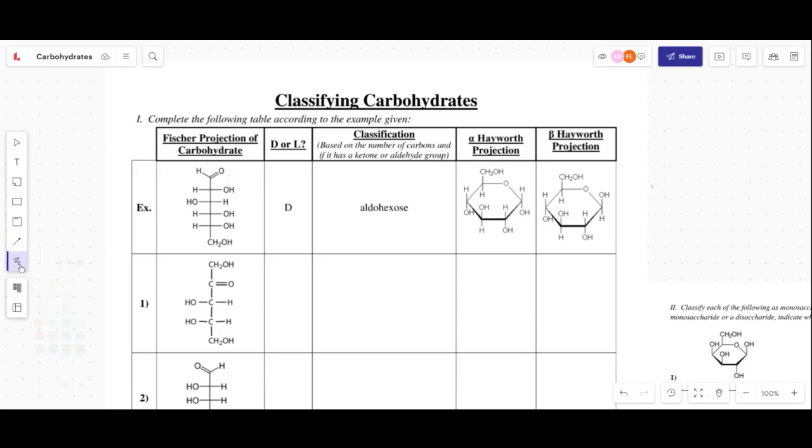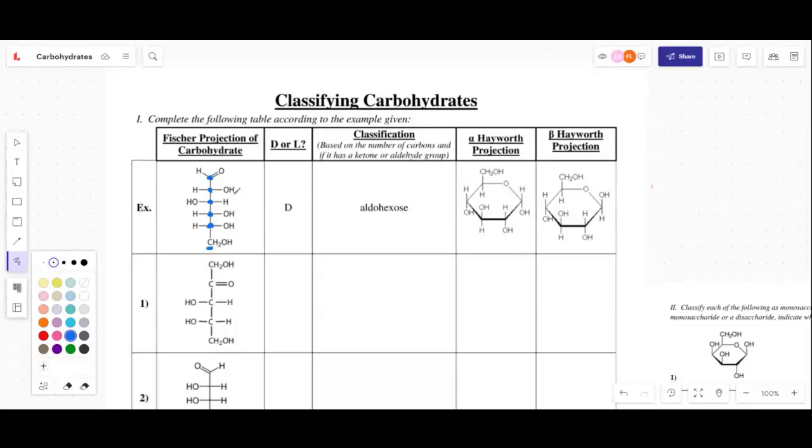If I'm trying to distinguish between D or L, I start numbering the chain, because remember these are carbons here. Carbon, carbon, carbon, carbon, and carbon. I'm actually going to shrink the size of my little pointer here so I can number this.